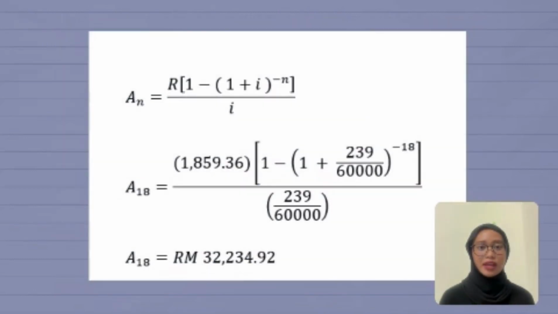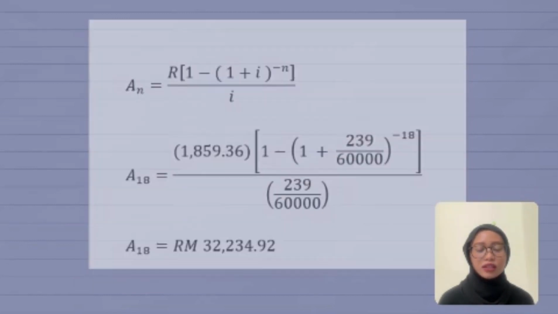Using the formula A_n equals R multiplied by [1 minus (1 + i) to the power of negative n] over i, A_20 equals 1,859.36 multiplied by [1 minus (1 + 239/60,000) to the power of negative 20] over 239/60,000. So we get A_20 equals 32,234.92.